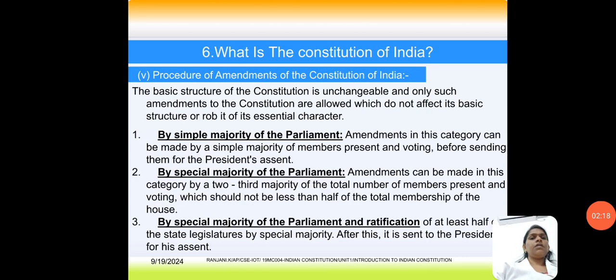Next, let us see the procedure for amending the Constitution of India. The basic structure of the Constitution is unchangeable.